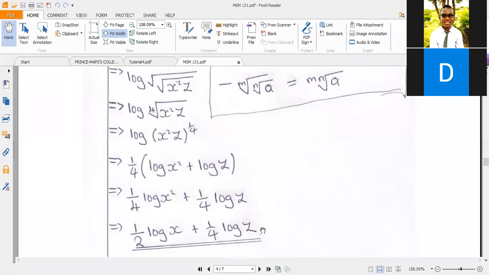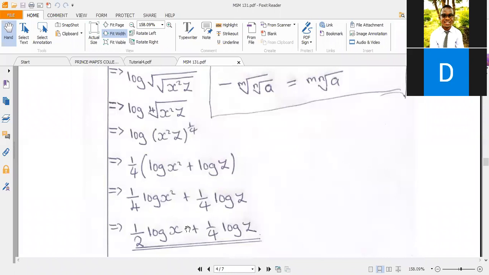I'm saying, what if you simplify it further by writing the final answer as log x over 2 plus log z over 4. It's the same thing with this, sir. Whether you end here or you expand, it's the same thing.